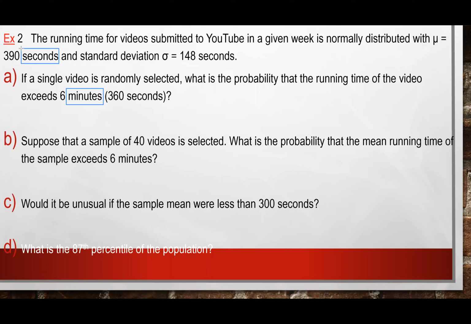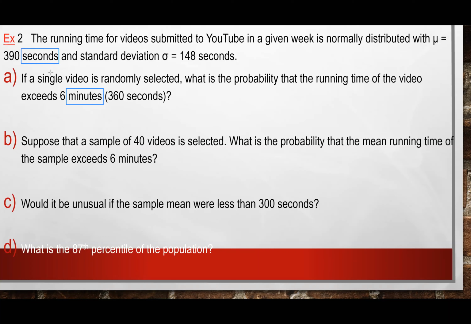The idea here is, if they give you a unit, you need to convert to the correct unit before you can do the normal or the inverse norm. If you don't put in the correct unit, your answer will be wrong, because the mean is 390, but if you put in 6, which is very small, right? But 6 minutes is equal to 360 seconds.